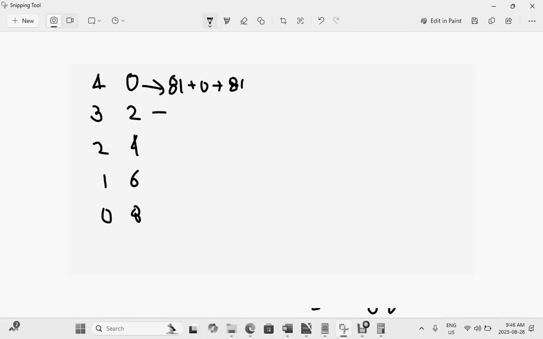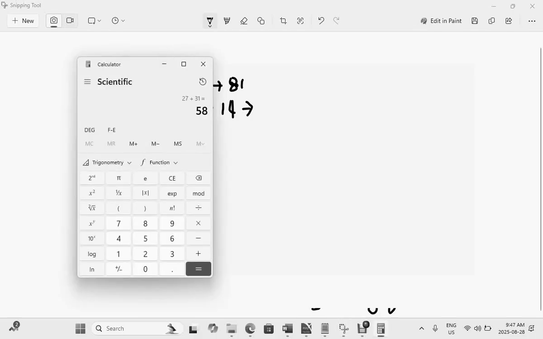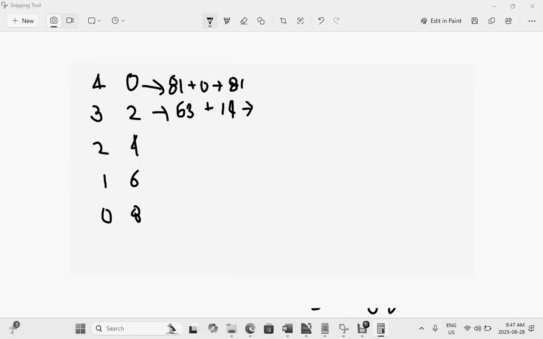At 3 units, you have 63. And then you have 2 units of good B, which means that this will be 14. If you add 63 and 14, this is a total of 77.